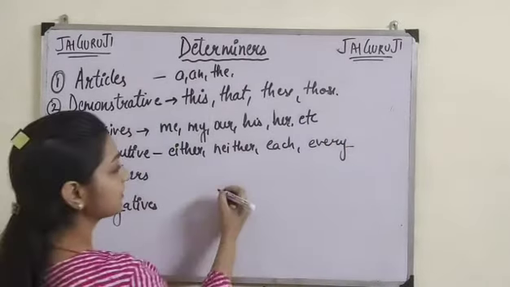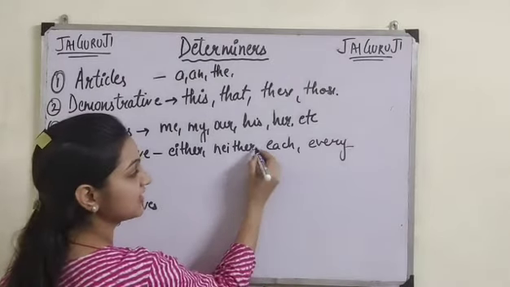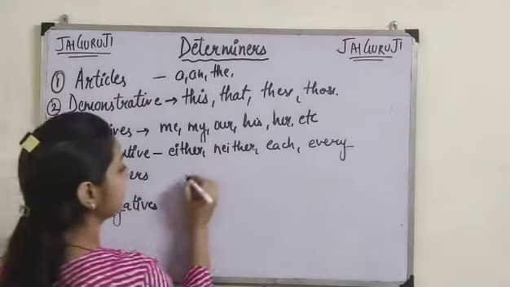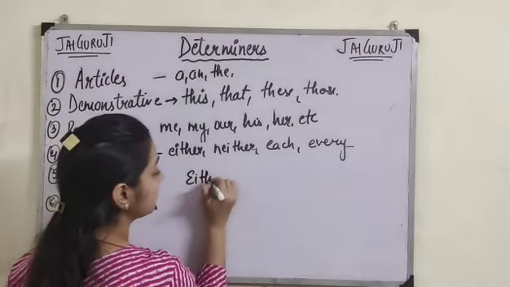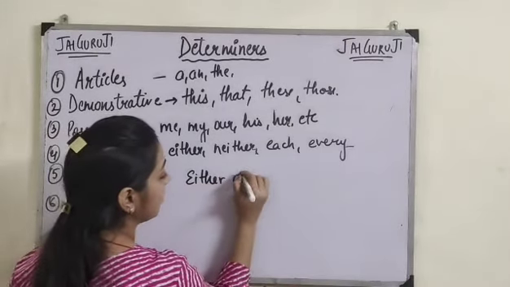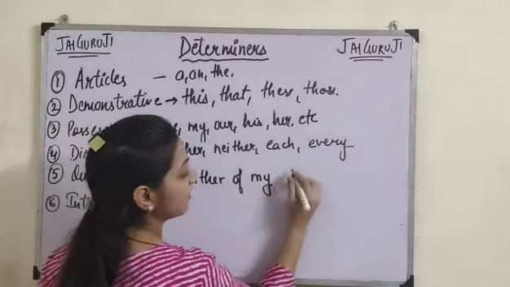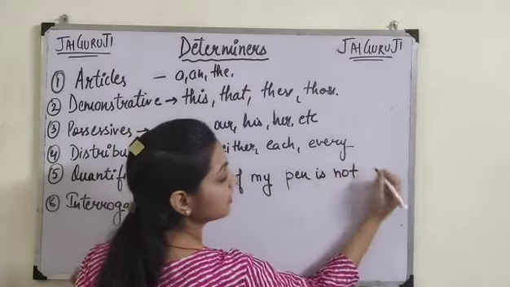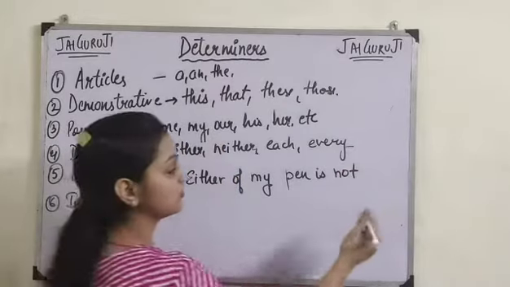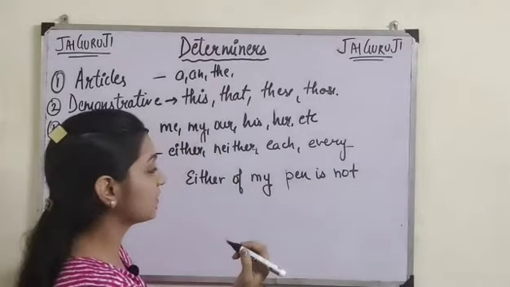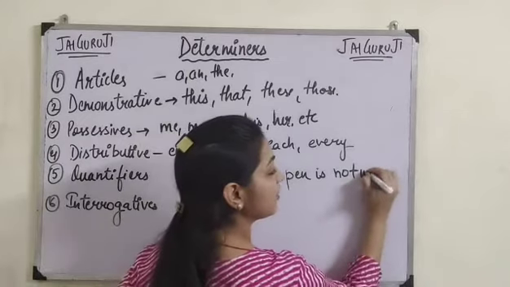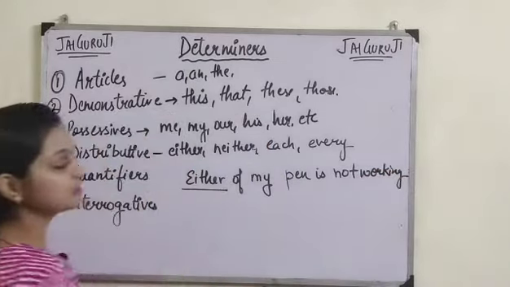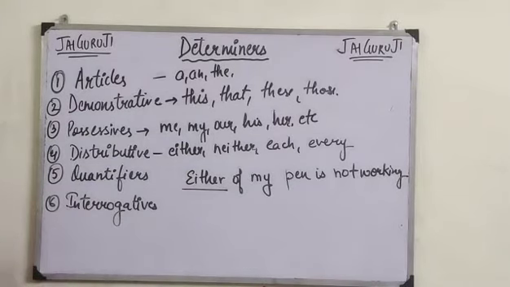If I'll say distribute all toffees to each of the students, or you'll say either of my pens is not working. Means not even this pen, not even that pen, nothing is working. Either of my pens is not working. So here I am talking about no pen is working. Distributive.